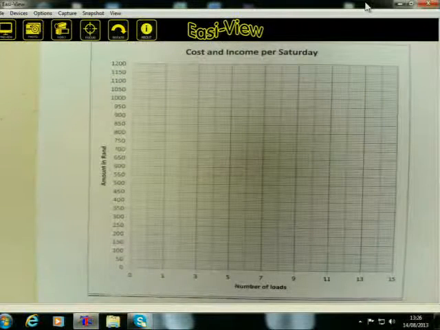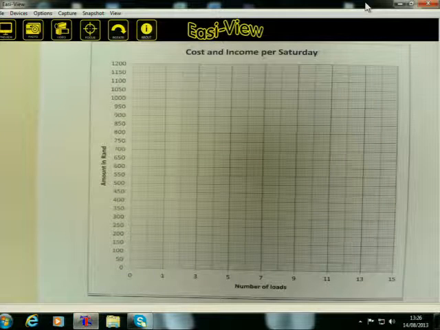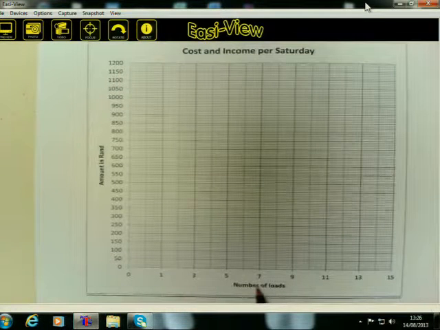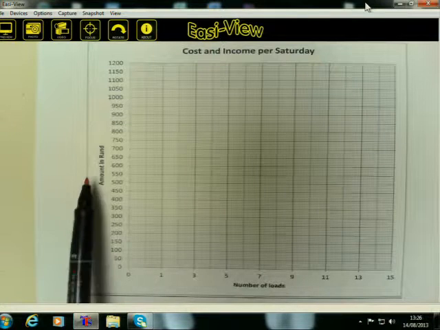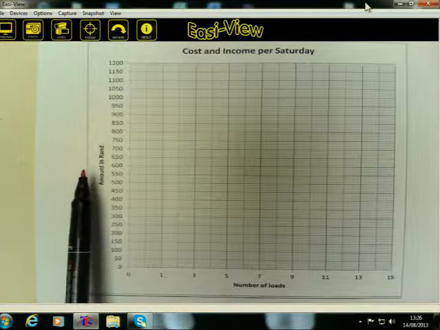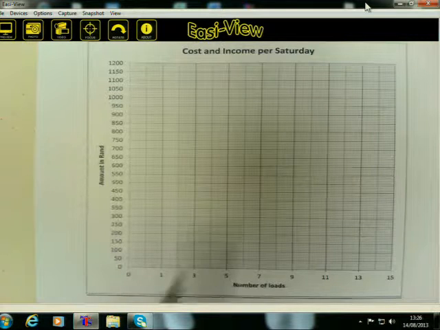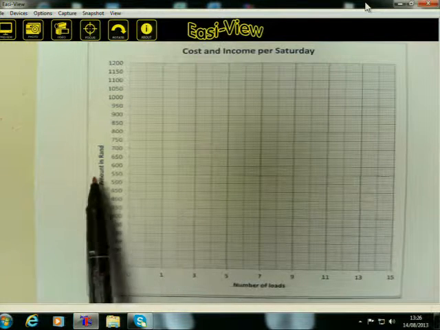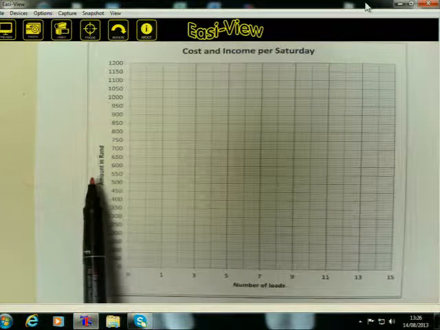But before we draw those two graphs, the cost graph and the income graph, let's look at the grid. On this side we are given the number of loads, and on the y-axis, or the vertical side, we are given the amount in rand. Remember, what you have been taught is that the amount is the dependent variable.